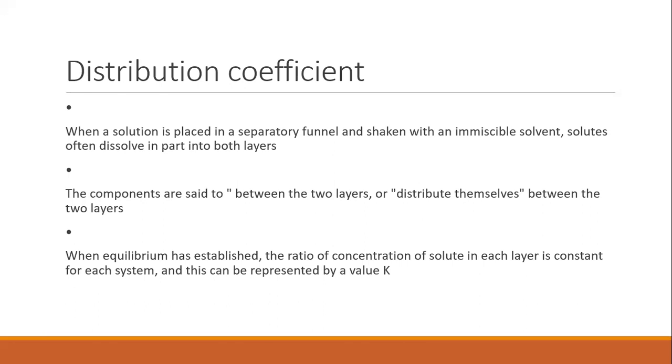When you shake two immiscible liquids in a separating funnel, they form two layers, and your component is distributed between these two layers. When equilibrium has been established, the ratio of concentration of solute in each layer is constant for each system, and this can be expressed by a value of K.